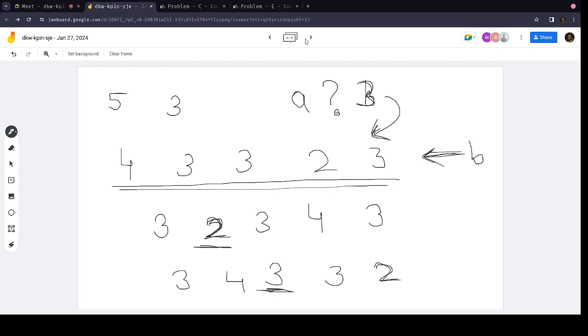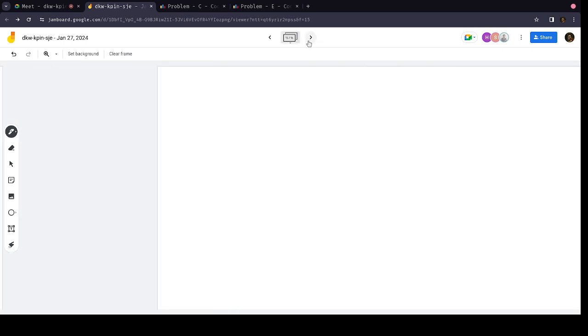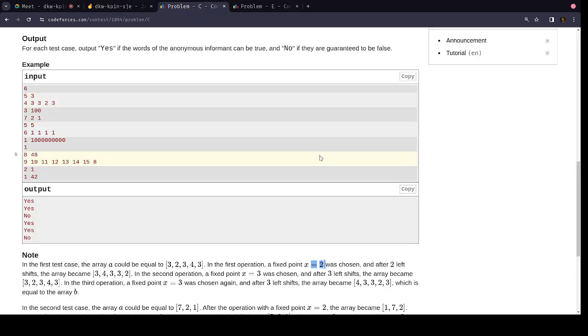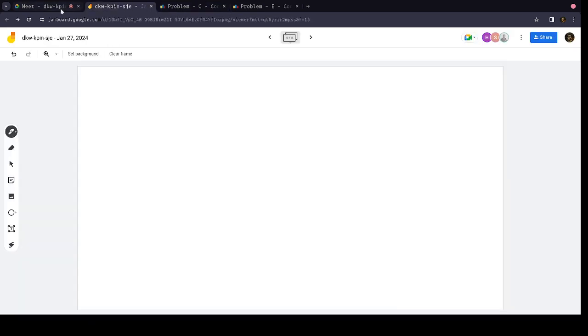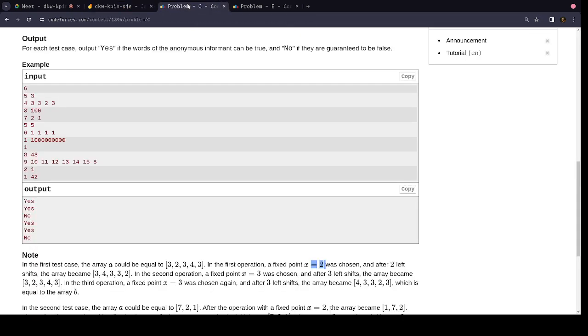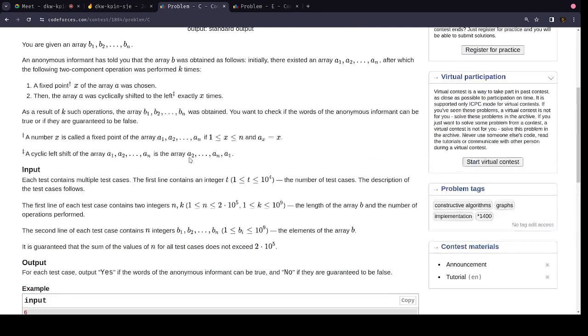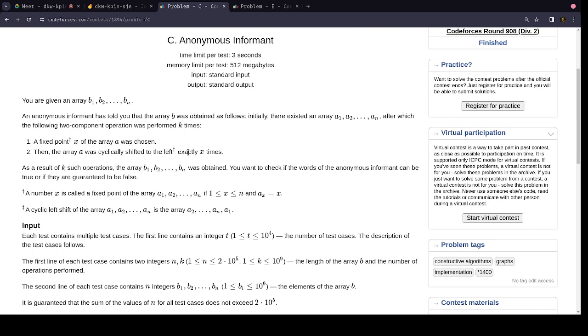Now I'll explain how to think about this problem. I'll give you 1 or 2 minutes to think about a solution. Please don't check the tutorial. And if you want to share your solution, you can just open your mic and talk to me, or if you have an idea.